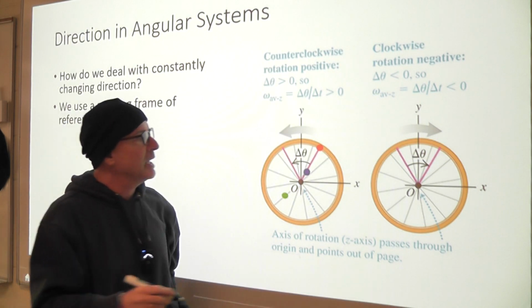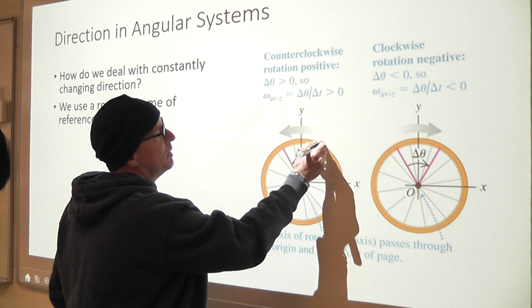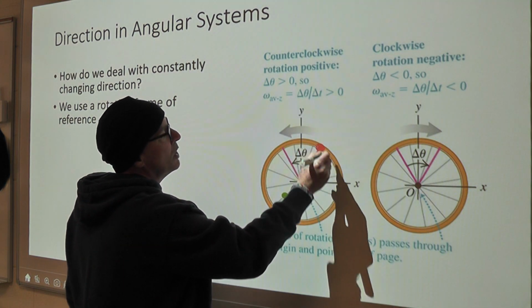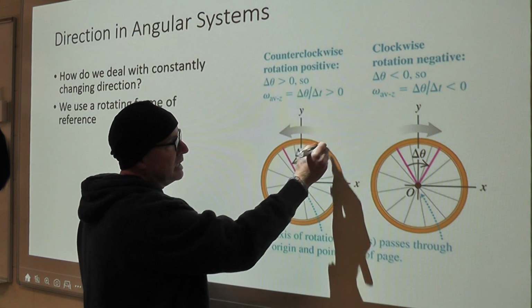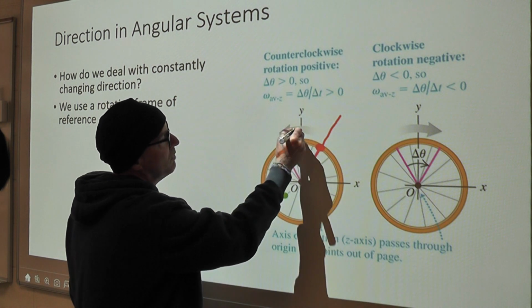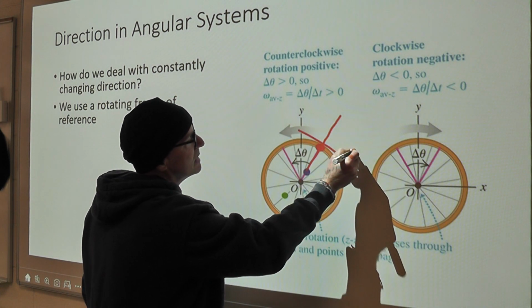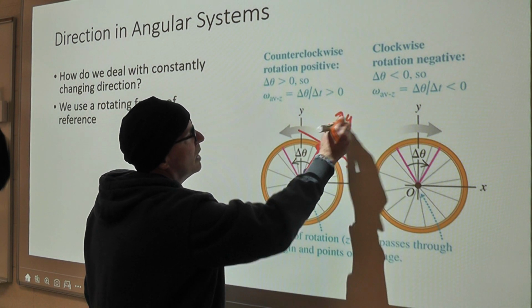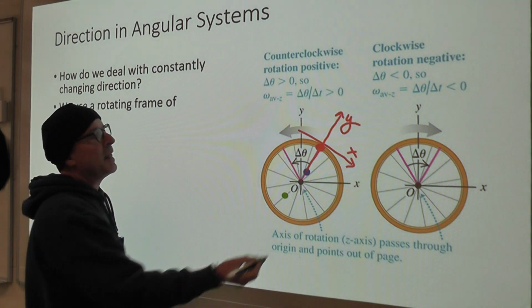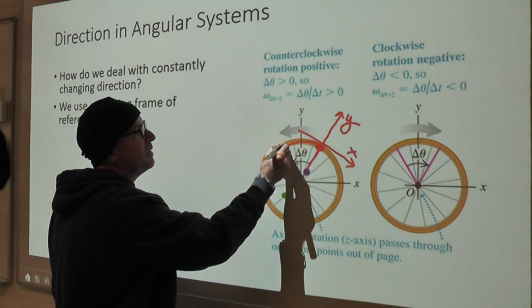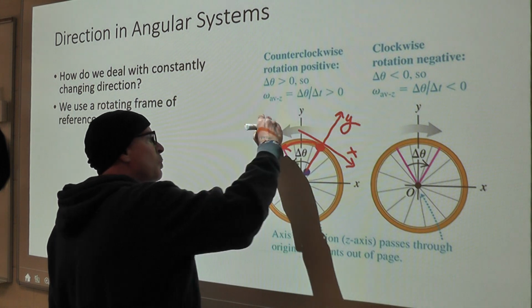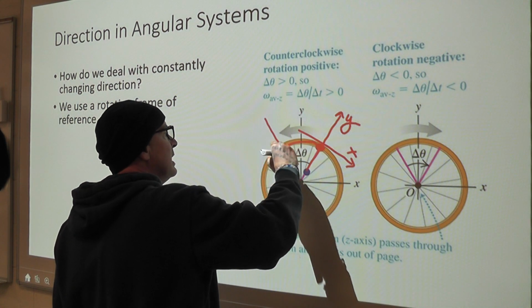So if we have a point on the outside edge of this wheel, like this red dot right here, at the moment that it's right here, we're going to use this frame of reference. We're going to have our x-axis be this way and our y-axis be this way. As this object rotates, the frame of reference will rotate with it. So it's now going to be here.